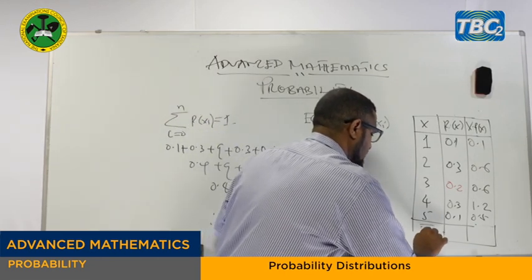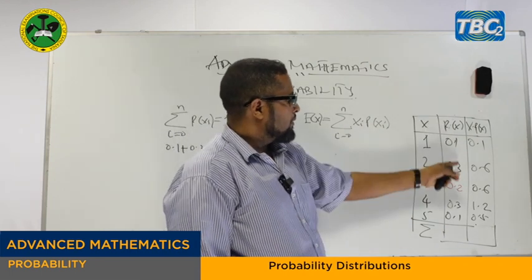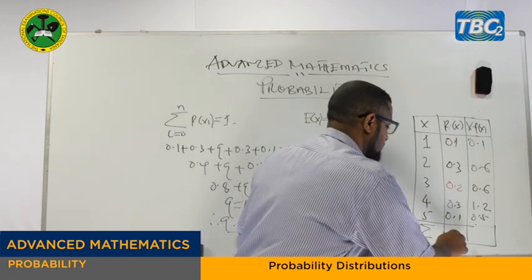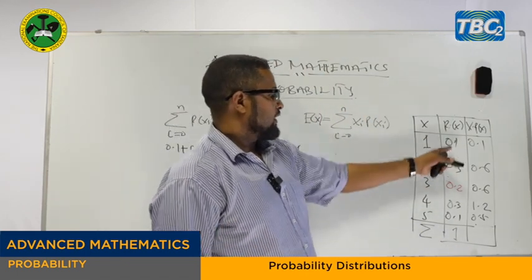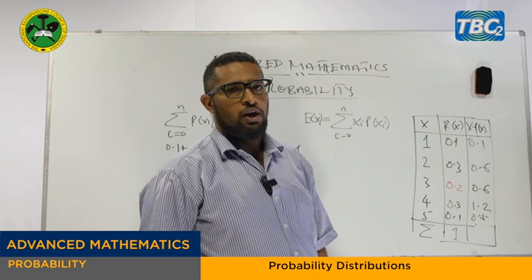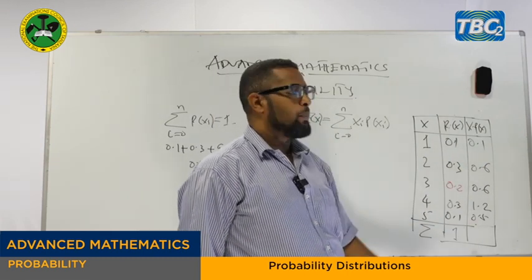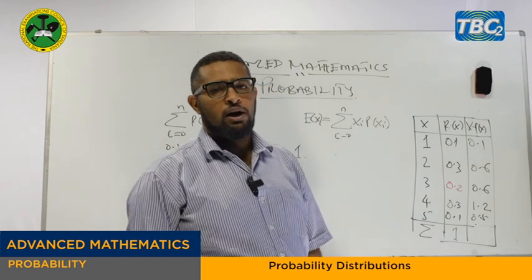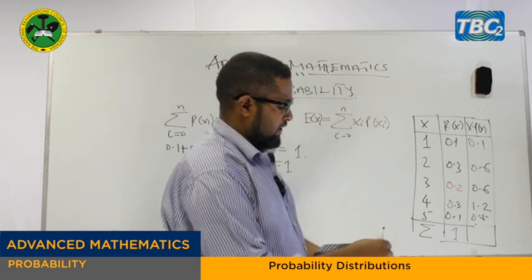Then you can add the summation symbol. Under the probability column, the summation will give you 1. You can use a calculator to prove and see you'll get equal to 1. Now let's add together 0.1, 0.6 up to 0.5. What will be our final summation?